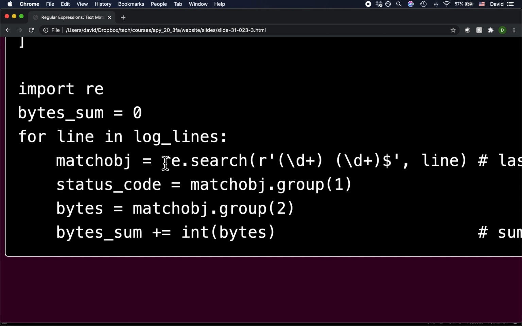What we then do is, instead of putting search into an if, you can see that we're putting the search as its own statement, and we're assigning the call to search to a variable name. Doing that indicates that we are taking back an object from search. And this object is a very special regular expression object.